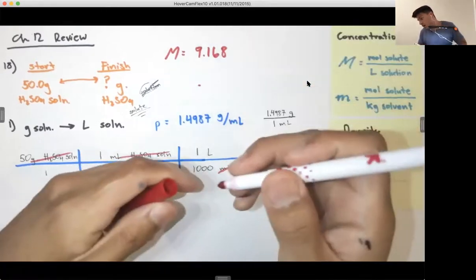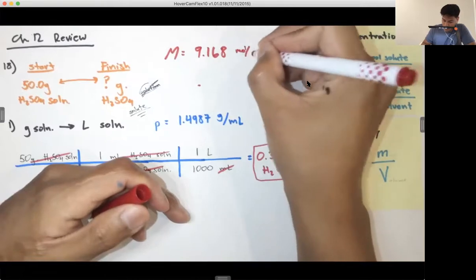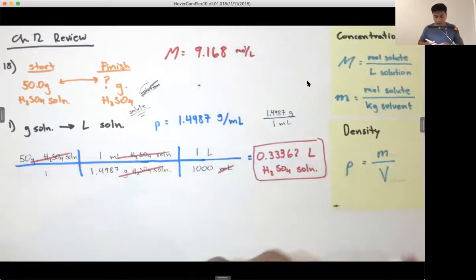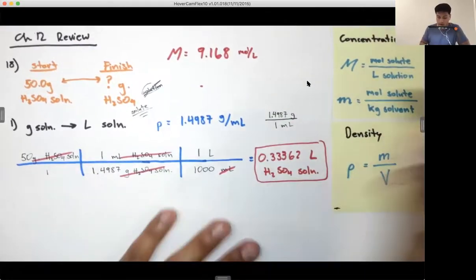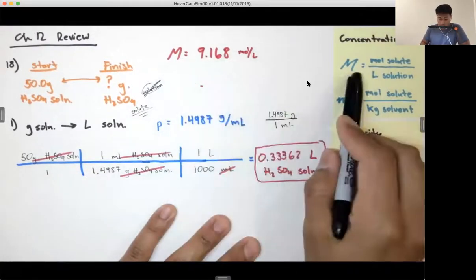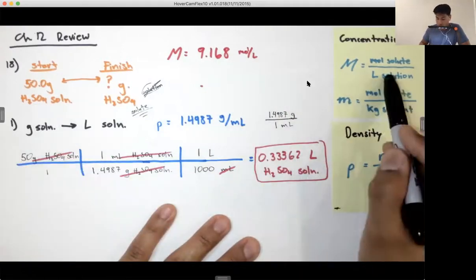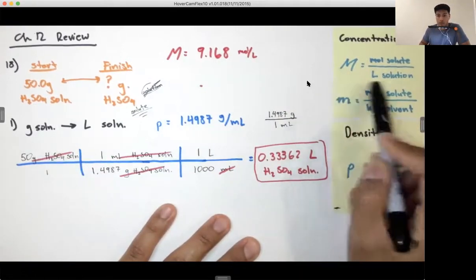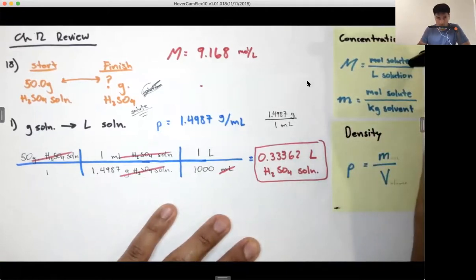Molarity, and remember that molarity is moles per liter, moles of solute per liter of solution. We know the molarity of this solution, and we know the liters of this solution. So if we use this formula, we can find the moles of the solution.